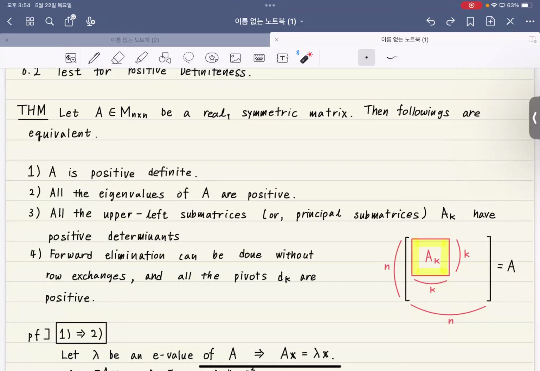So in terms of computation, I think condition number 4 is better than condition number 3, because it just involves Gaussian elimination, and Gaussian elimination has polynomial time complexity, which is significantly better than the determinant.